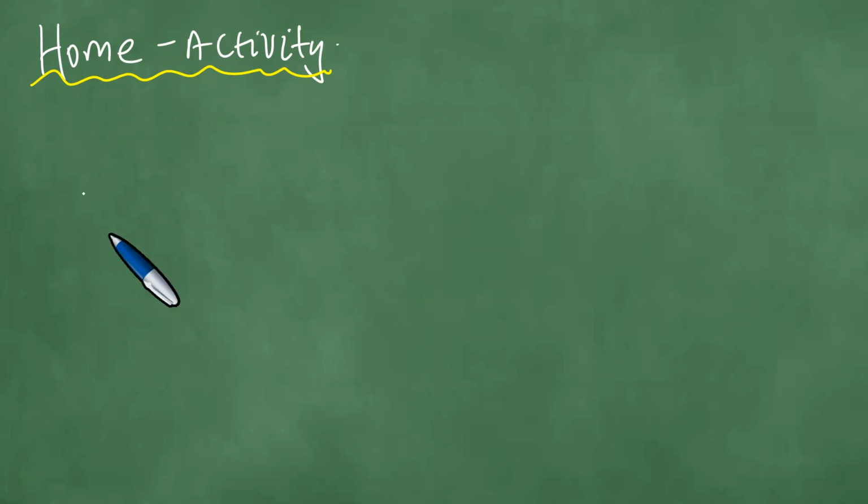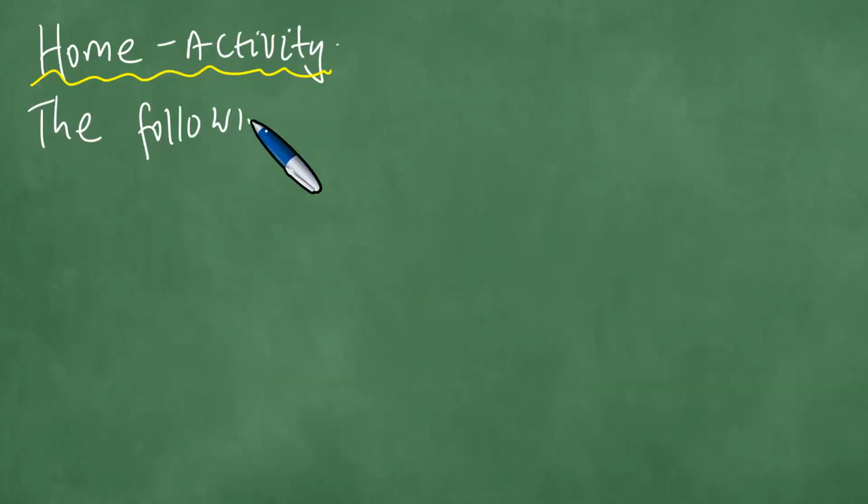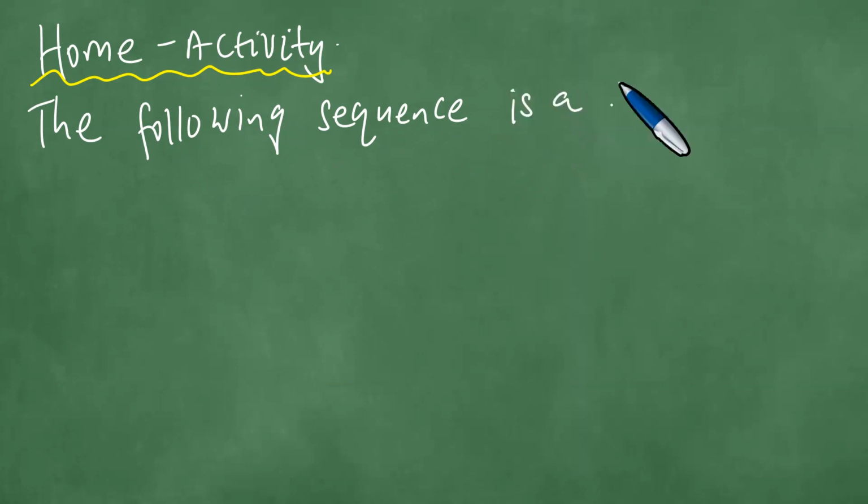Here it says: the following sequence is a combination. There are those sequences that are combinations.